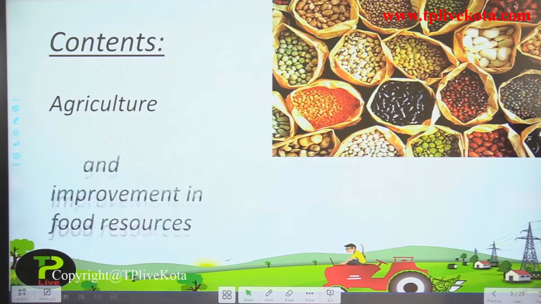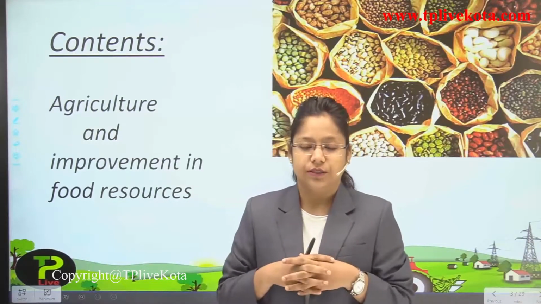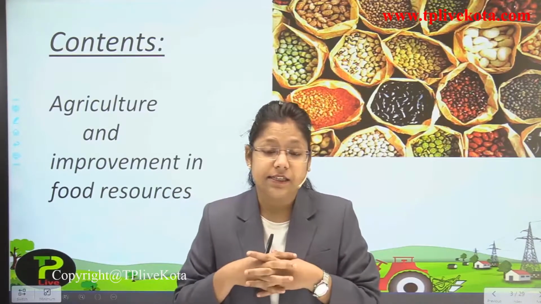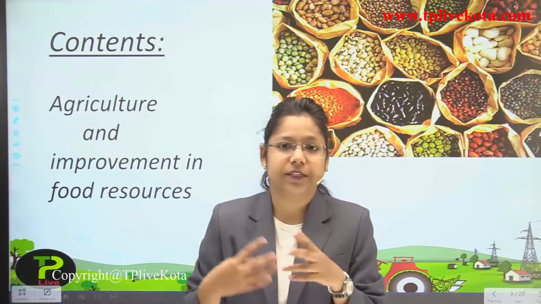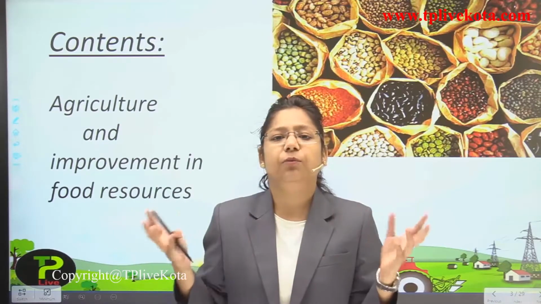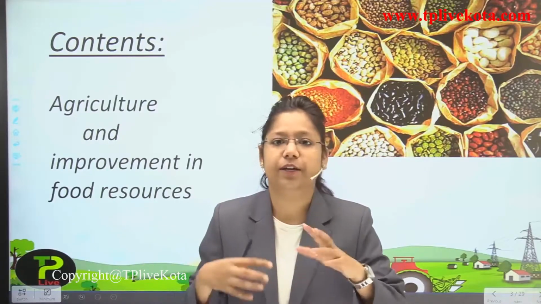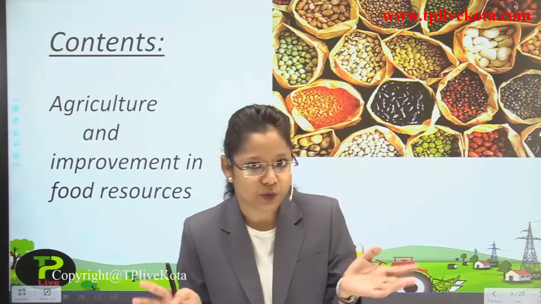The contents of my lecture are agriculture and improvement in food resources. What is agriculture? We have to grow crops in a suitable weather condition and season, and we require fertilizers and manure to grow a particular crop. Where it is grown is decided by the type of soil.